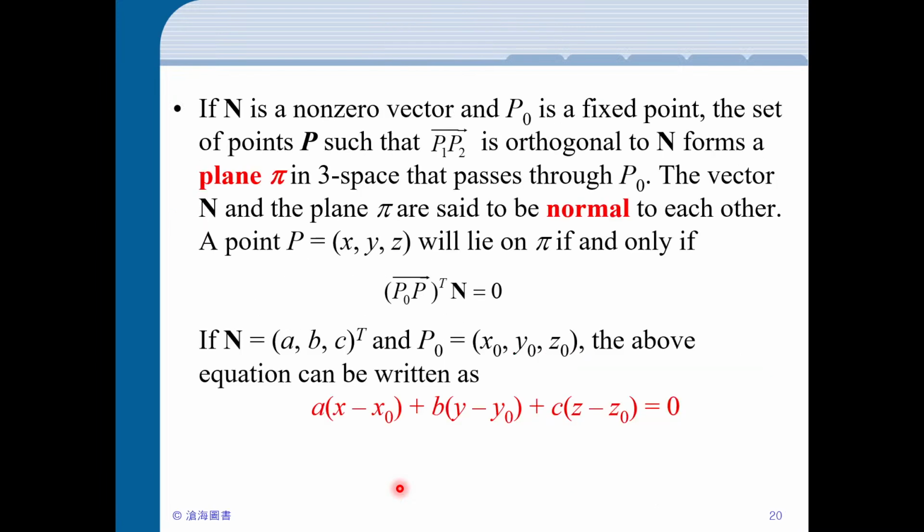Then we can find the equation of that: everything orthogonal to your vector that passes through this point.